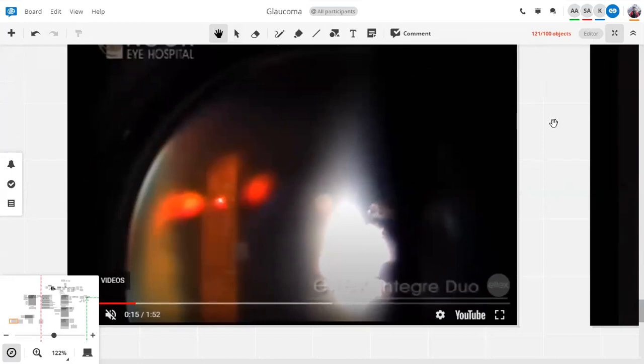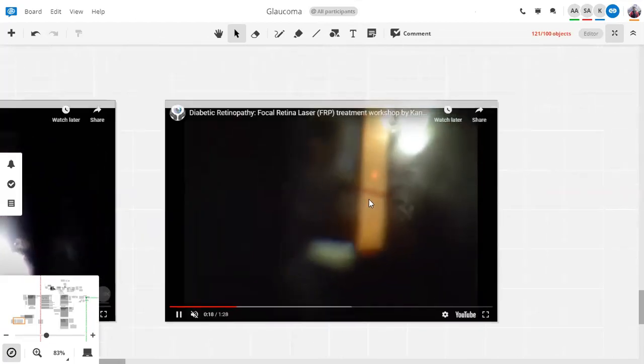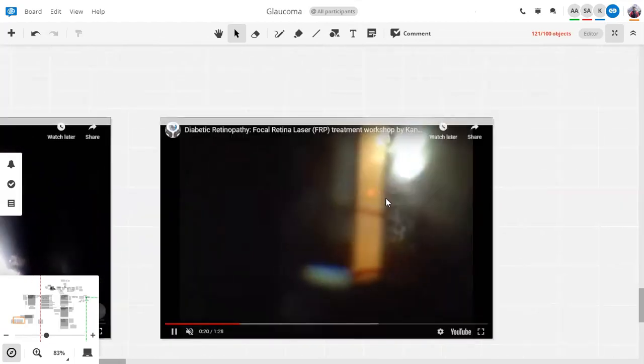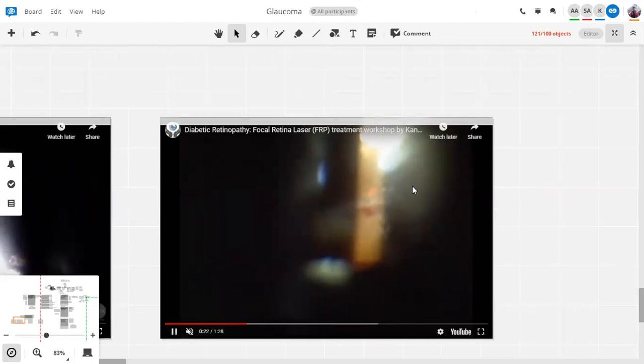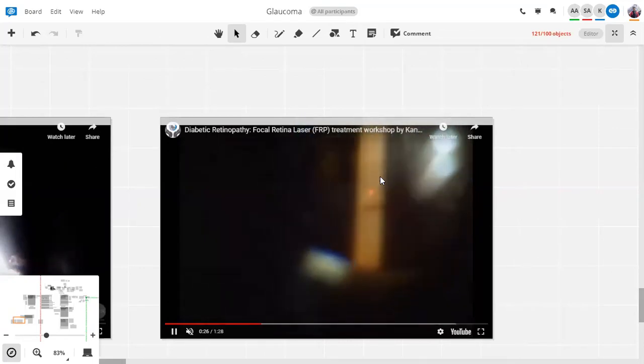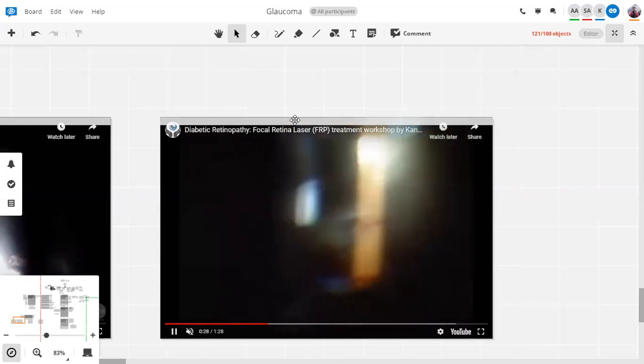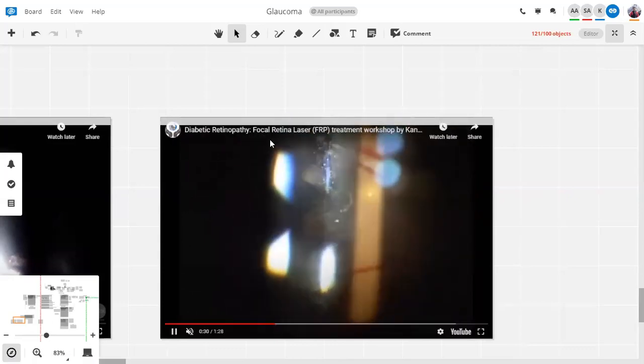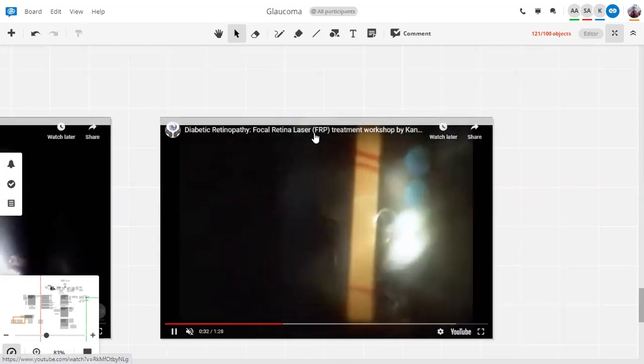Now we cannot actually see the vessels, so this is a better slide or better examination. These are the retinal vessels, and if you look closely, this red dot is the laser. They're applying a laser on the retina in order to photocoagulate. This is photocoagulation, focal retinal laser or focal retinal photocoagulation.